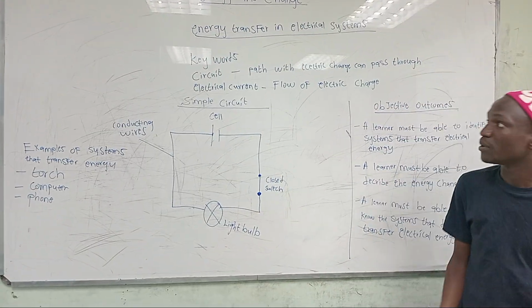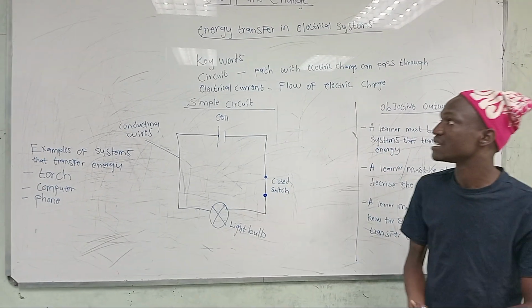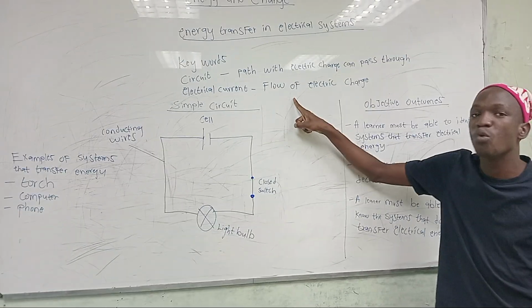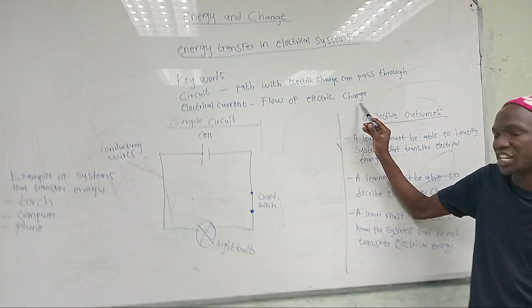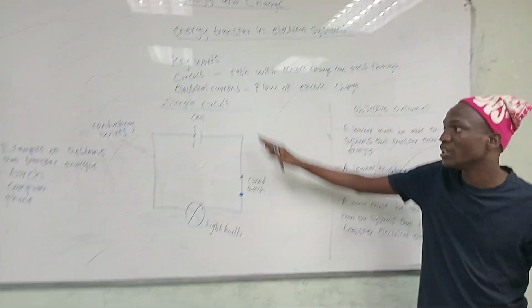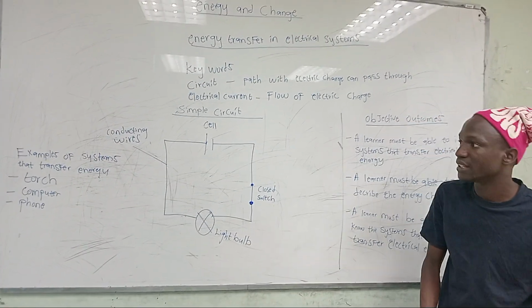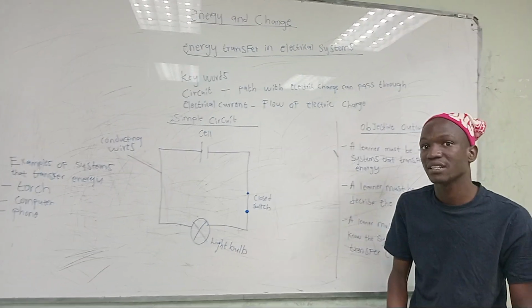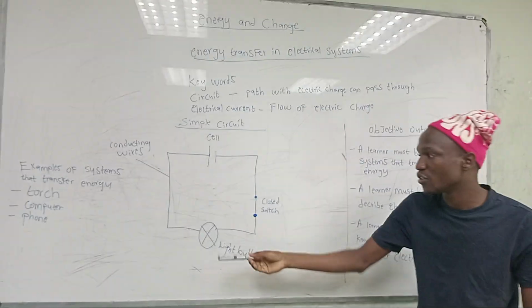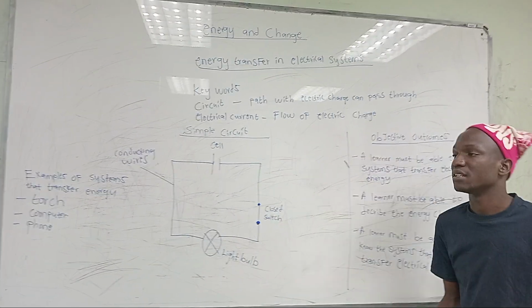And then we have electric current. That's what we're going to deal with in this energy transfer in electrical systems. Electric current is a flow of charge circulating through the conducting wires, giving us light that's supplied by the cell.